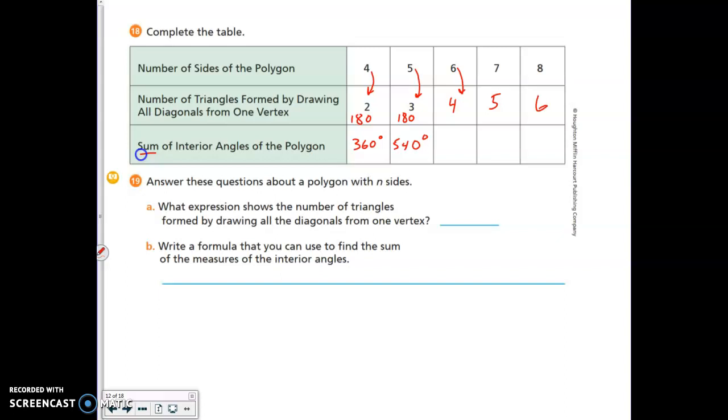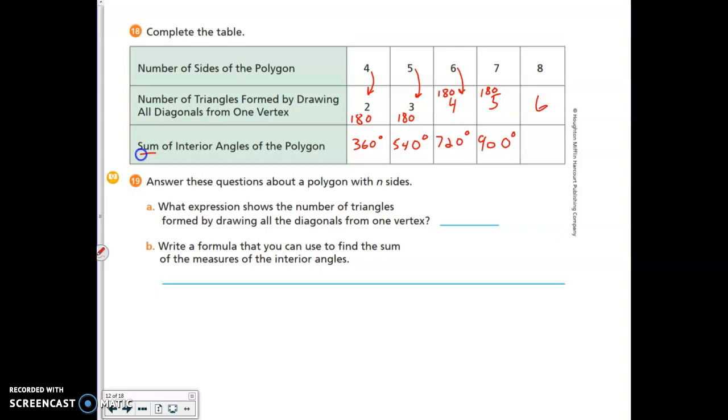If we have a hexagon, 180 degrees per the 4 triangles, and we end up with 720 degrees of interior angles inside of a hexagon. Same thing for the next one, times 5 gets us to 900 degrees of interior angles.